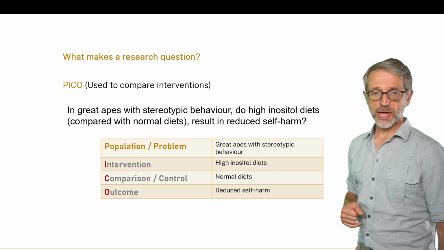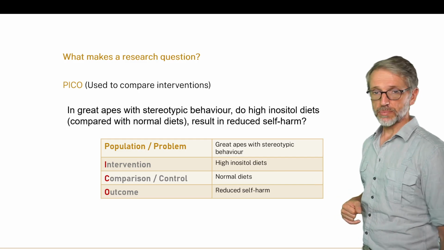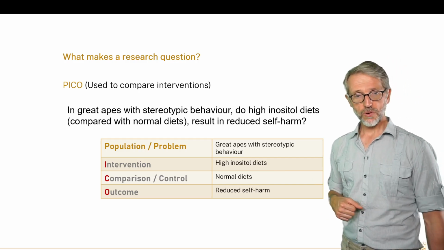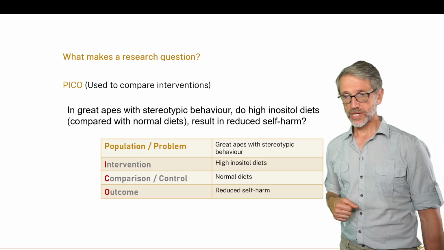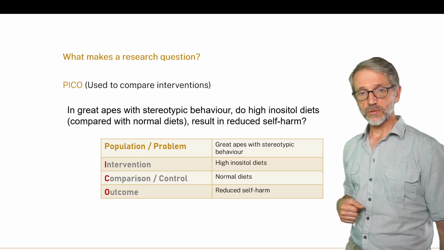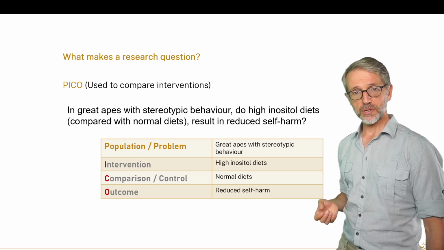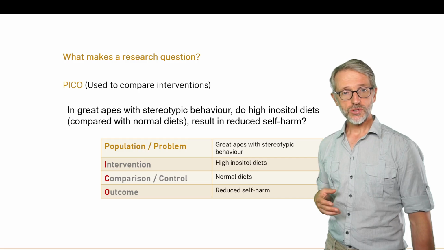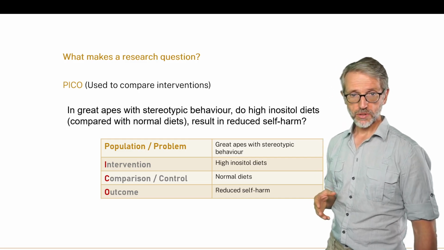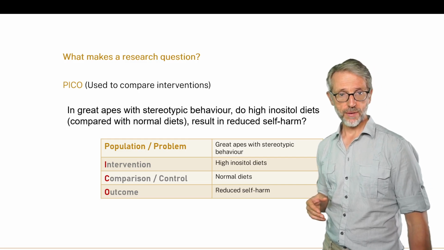Here's an example that a great ape researcher that used to work in this course put together for us. So if you're wondering about the content, it comes from them. So here is a study in which great apes with stereotypic behaviour do high inositol diets compared with normal diets result in reduced self-harm.